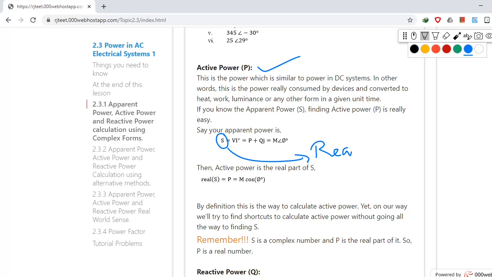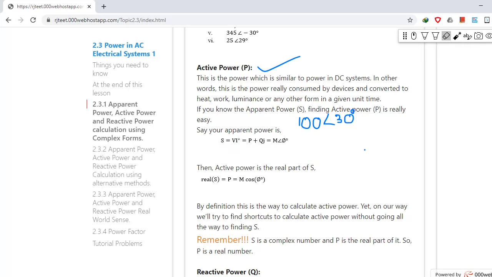So for instance, say your apparent power is 100 with angle, let's say, 30 degrees, right? Let's say this is the case. Now, if you want to take out the real part of this, one thing you could do is use the calculator.